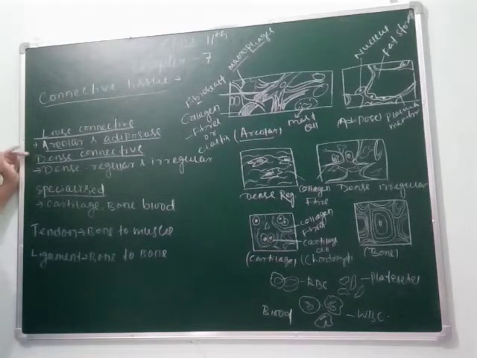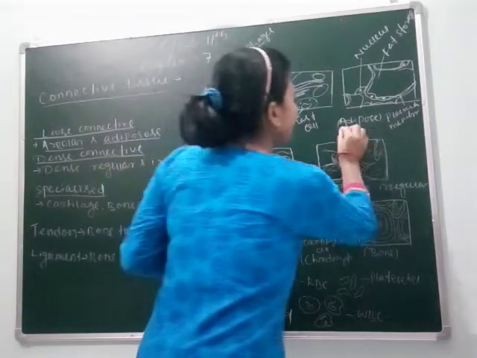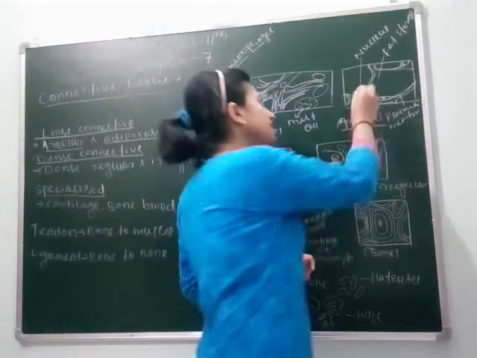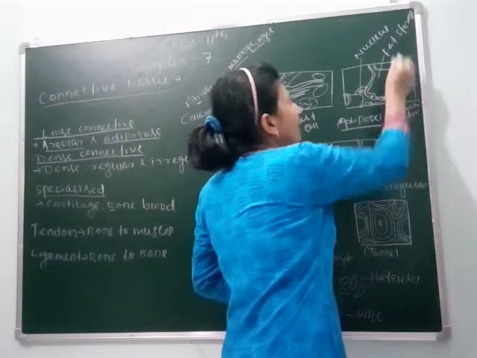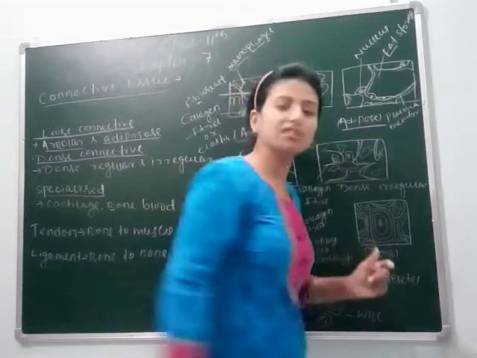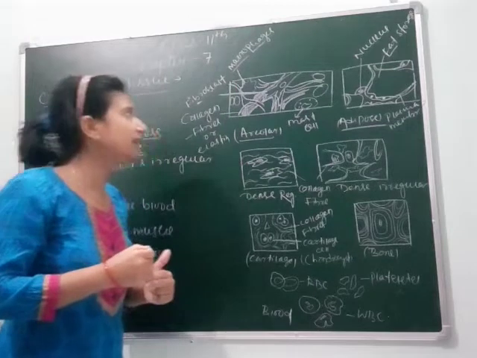Clear students? Next is adipose tissue. Adipose tissue is another type of loose connective tissue, in which you can see the nucleus, and here is the fat storage area. This is also present just beneath the skin.